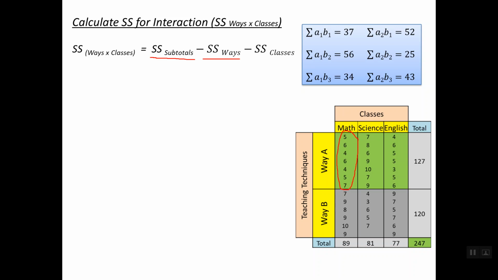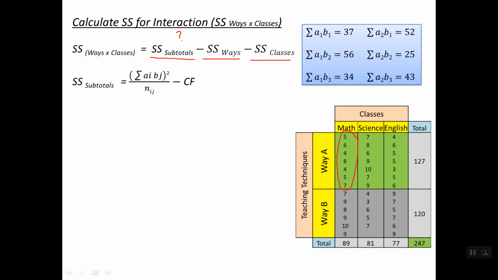And we subtract the SS ways, which is already known, and subtract the SS for the classes. Again, it is already known. So the unknown value here is the SS for the subtotals.